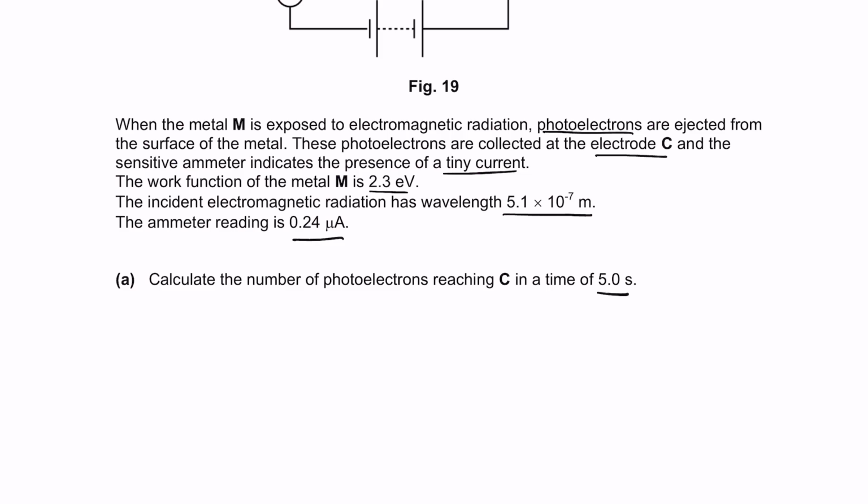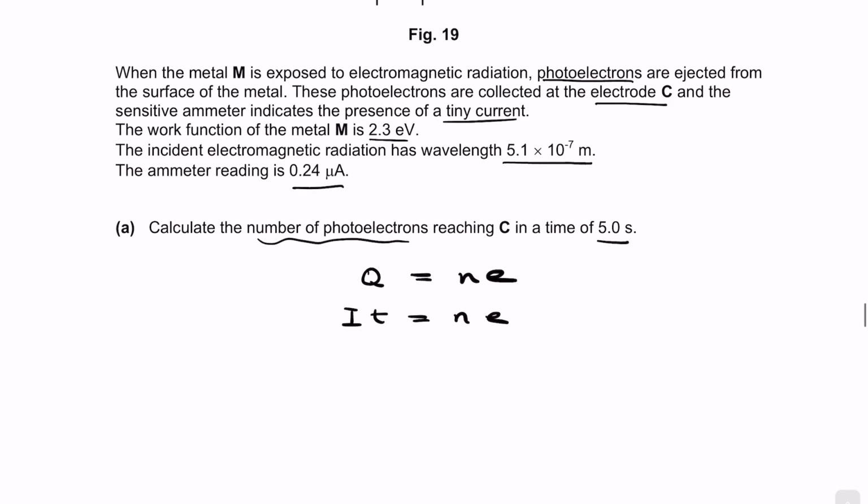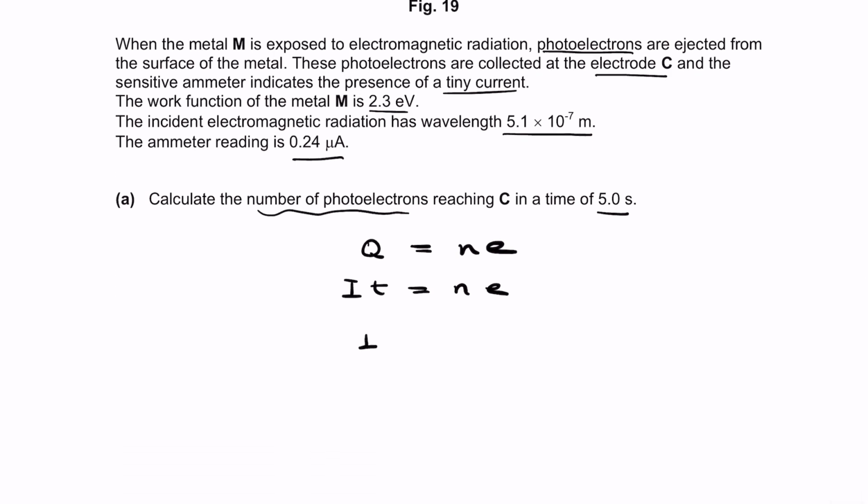So we know the current involves the charge and the number of electrons. Q is equal to N e, and we also know that Q is I times t. So N over t is equal to I over e.